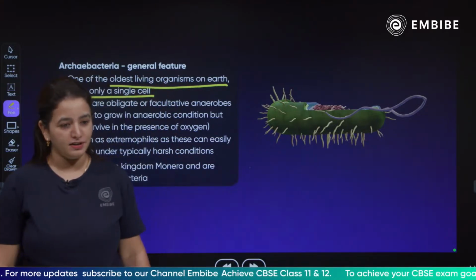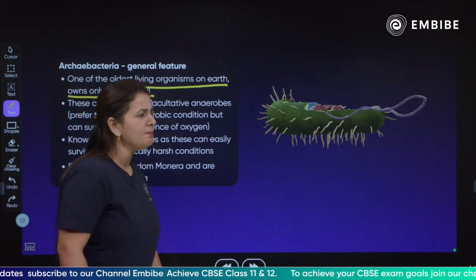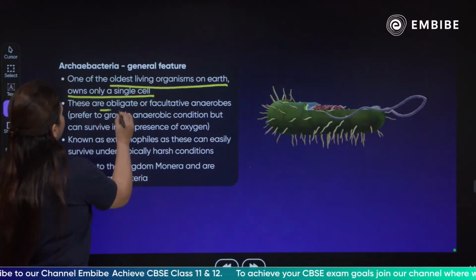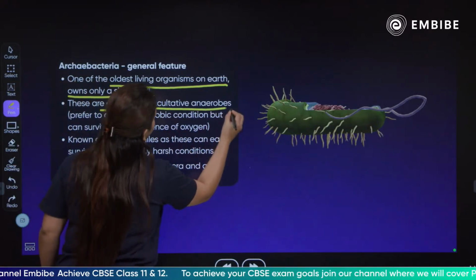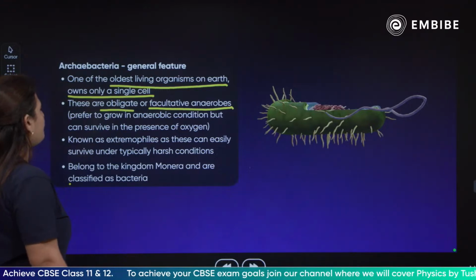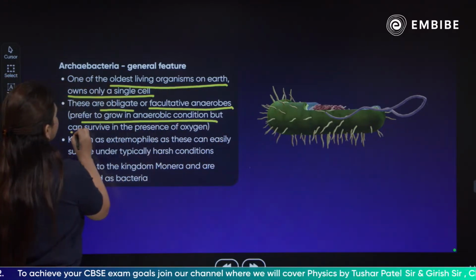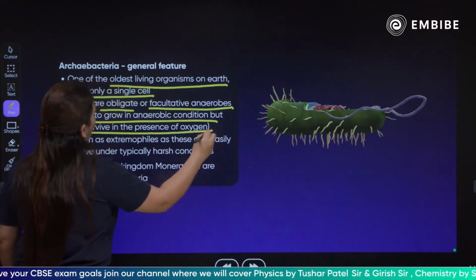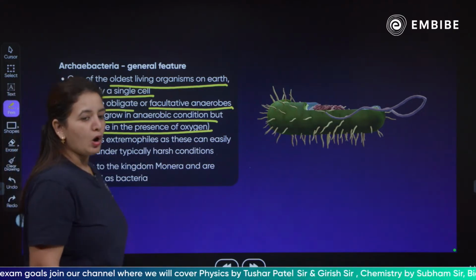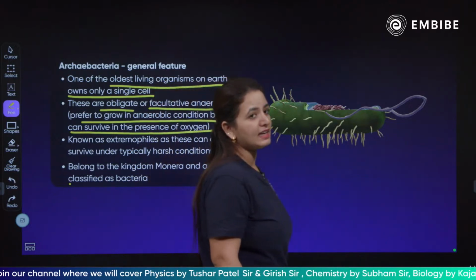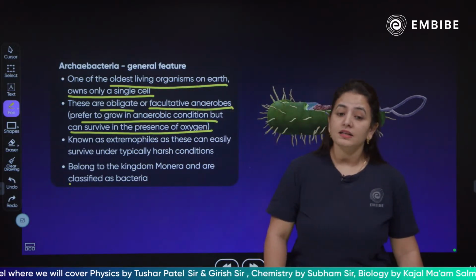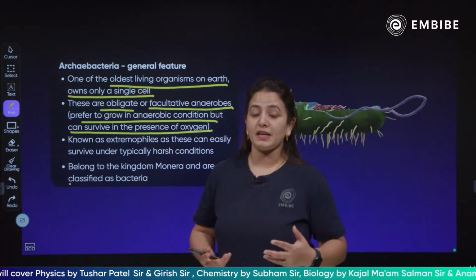They are obligate as well as facultative anaerobes and prefer to grow in anaerobic conditions, but can survive in the presence of oxygen. They can be obligate or facultative anaerobes according to their requirement.